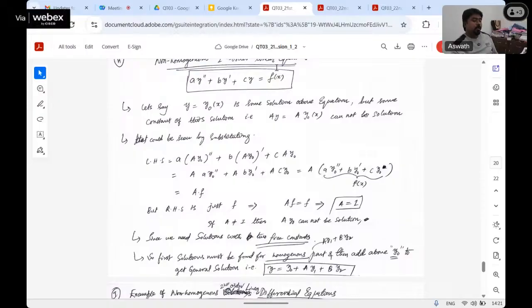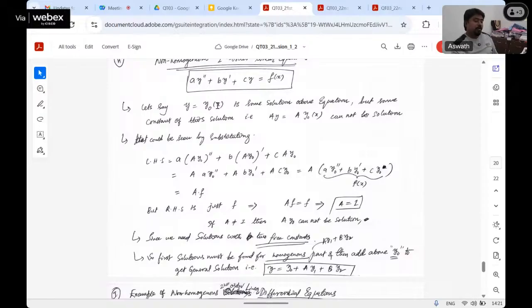The usual thing is the solution for a differential equation must not deviate if I multiply by some constant. We saw that if a solution is there, you multiply it by some c, you get another solution.